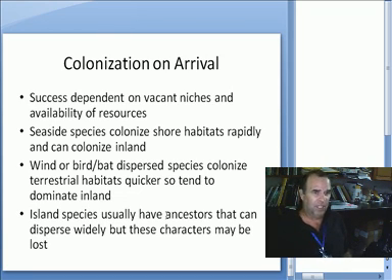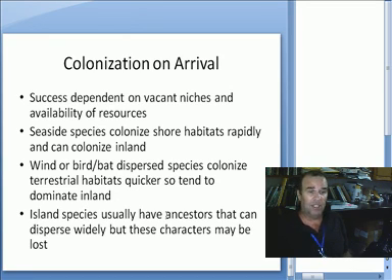Seaside species can colonize shore habitats very rapidly, because there are always a few drift seeds drifting through the ocean, and they can wash up and colonize very quickly. Wind or bird and bat dispersed species tend to colonize terrestrial habitats quicker than organisms which come in from the sea, I guess.